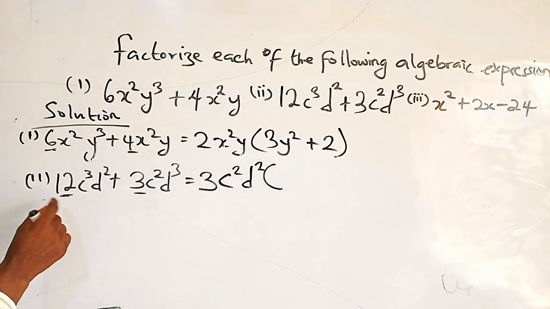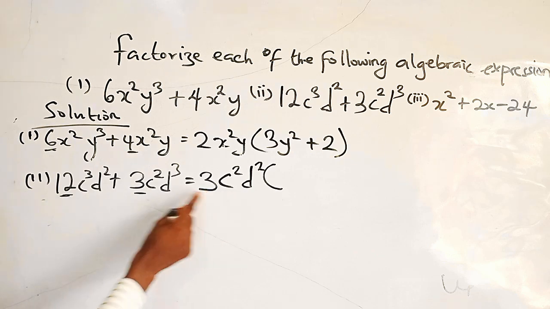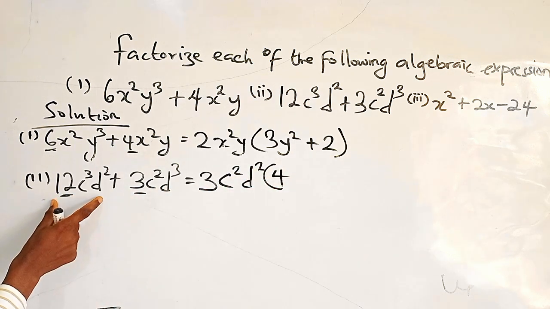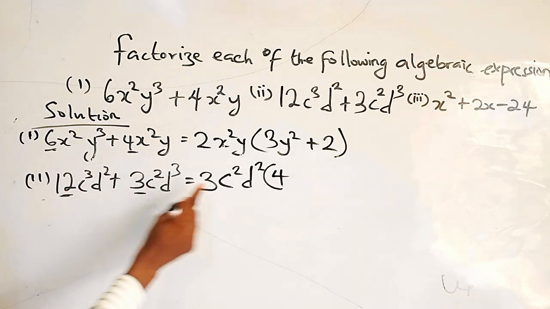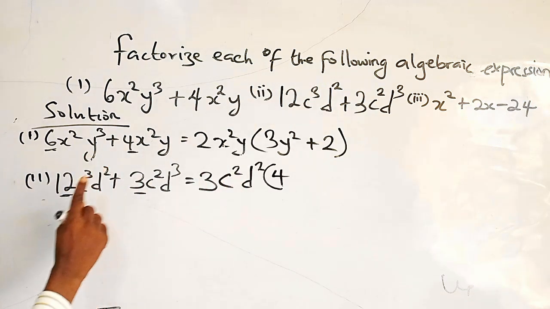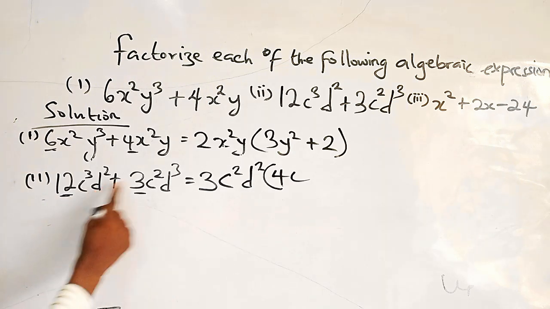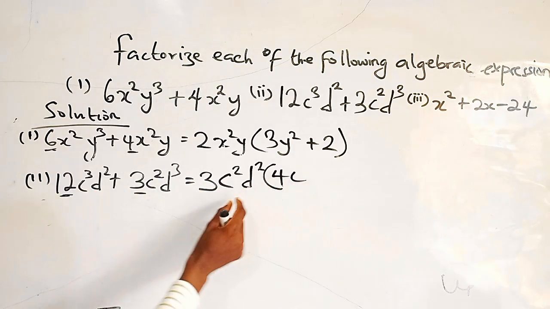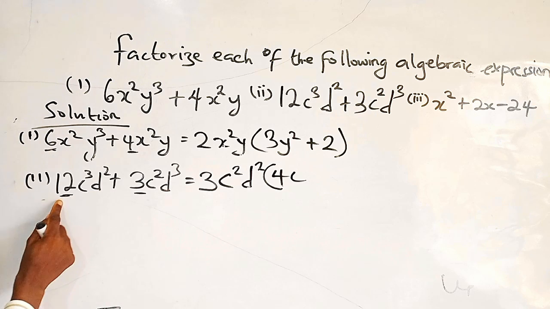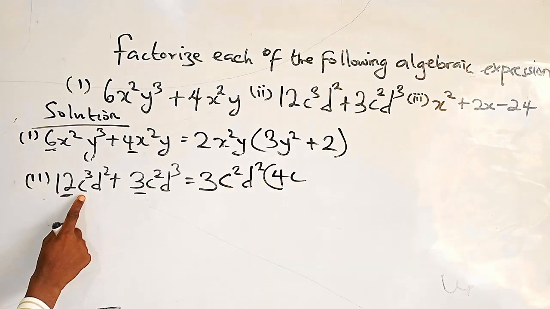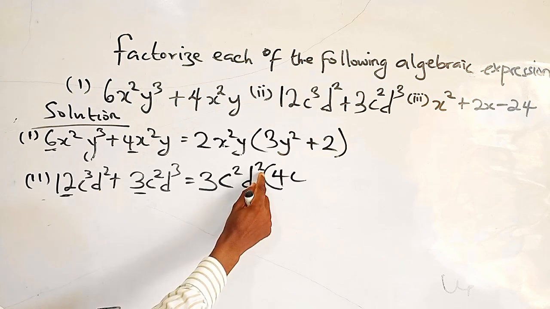So 3 times 4 gives me 12. For c raised to power 3, I already have c squared outside, so I need just one c. For d squared, I already have d squared, so I stop. So I have 12, c squared times c gives c cubed, and d squared.